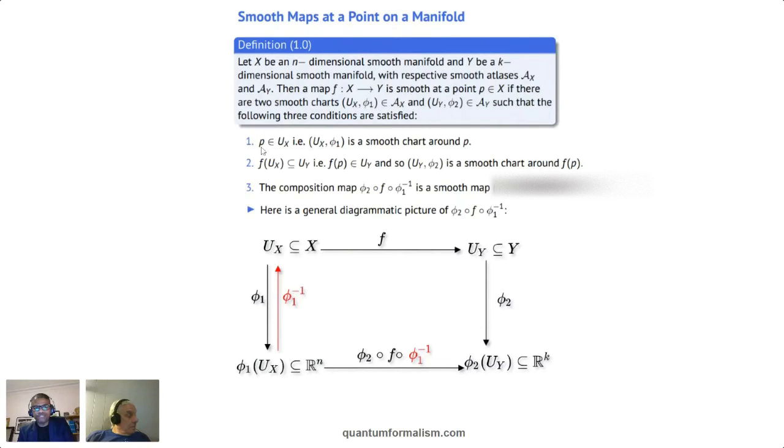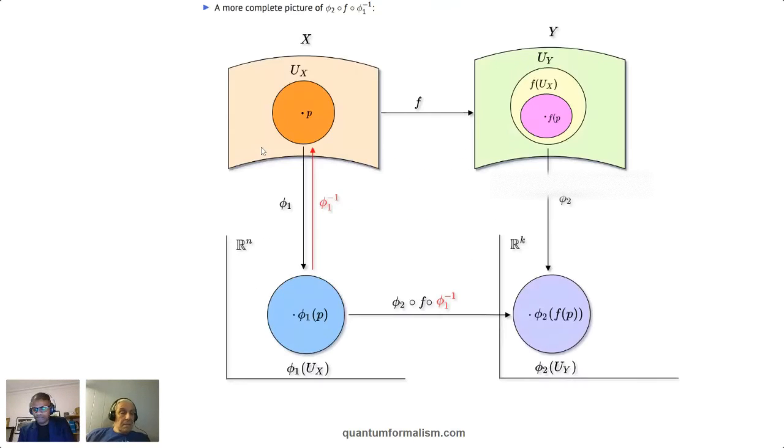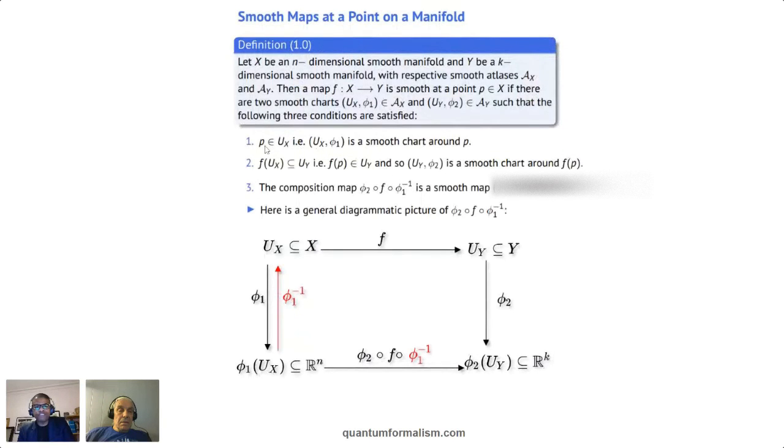So the first condition is, sorry, the slide has jumped. The first condition is that the point P has to be in the chart domain UX. In other words, the first chart is a smooth chart around point P. The second condition is that the image of UX has to lie in the second chart domain, UY.